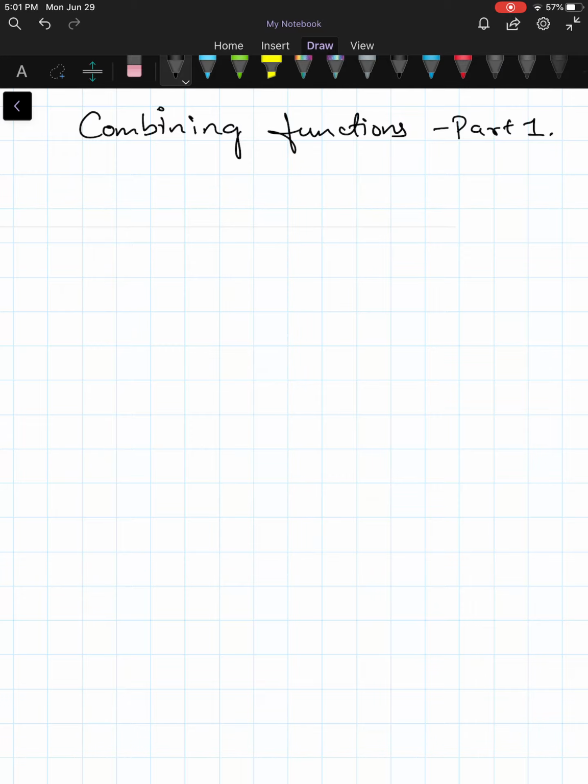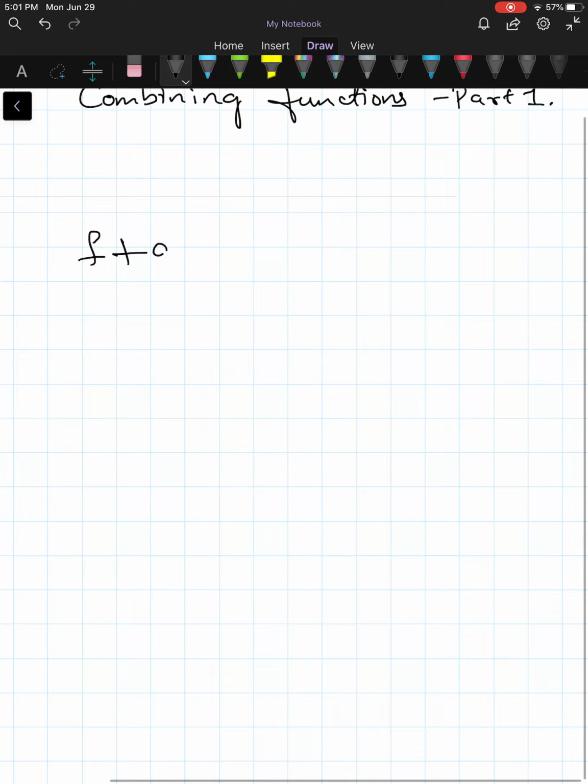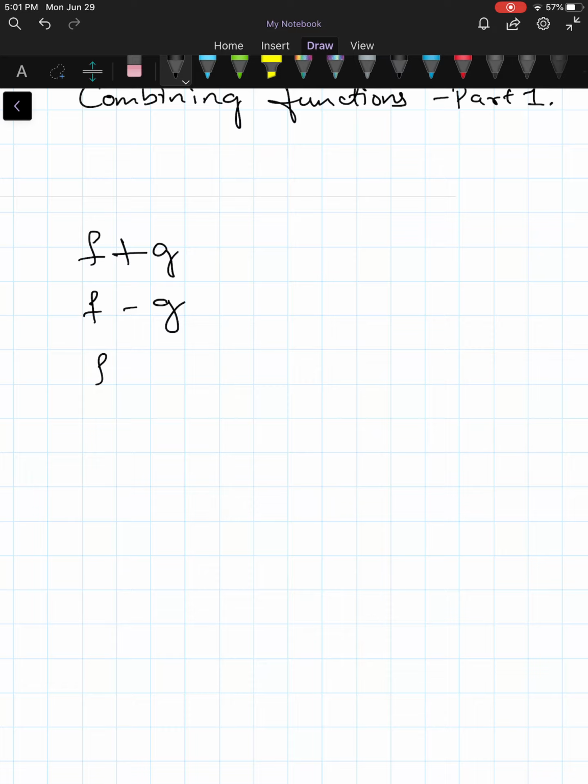But you may wonder what it means to say f plus g or f minus g or f times g and f divided by g. You know that f and g are just names of the rules that you need to follow.